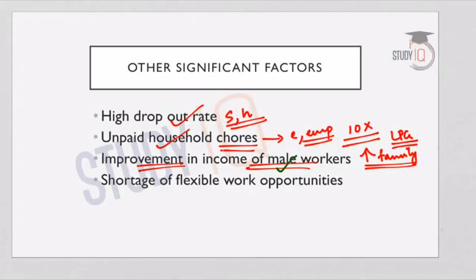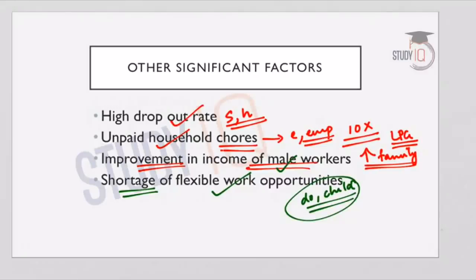Also, the shortage of flexible work opportunities and inadequate infrastructure have discouraged participation of women in productive economic activities. We have seen that Indian society is predominantly patriarchal in nature, so it is considered the responsibility of the women to look after the domestic labor, the children and the family affairs.